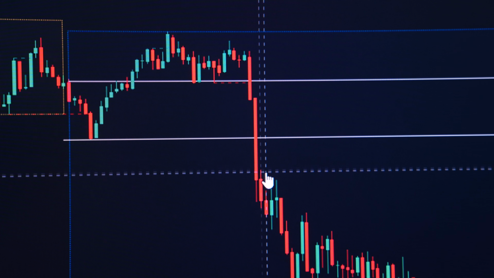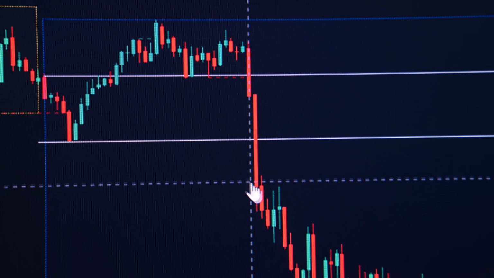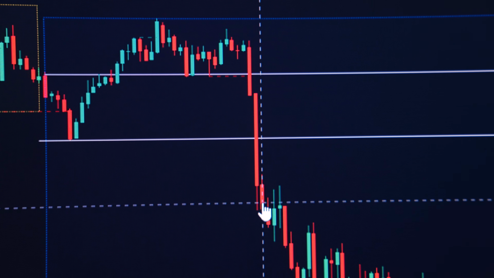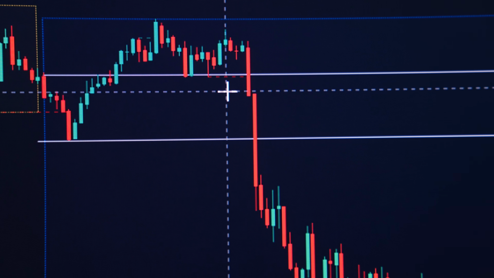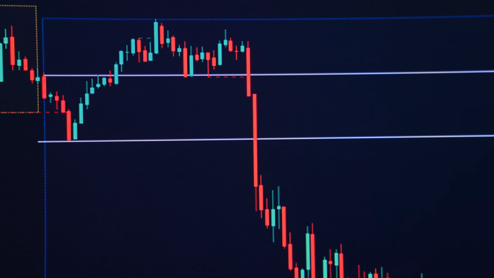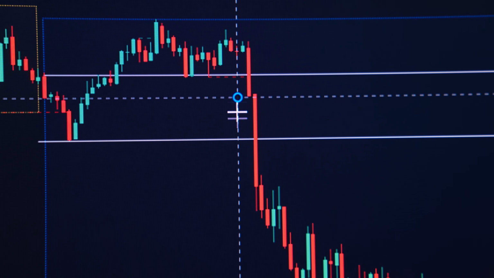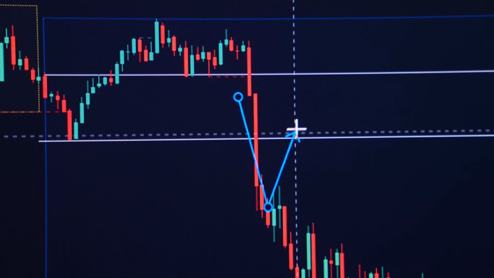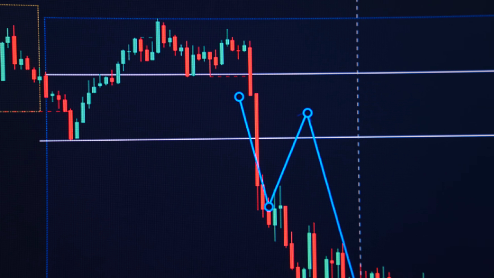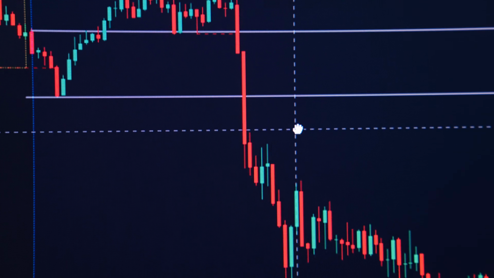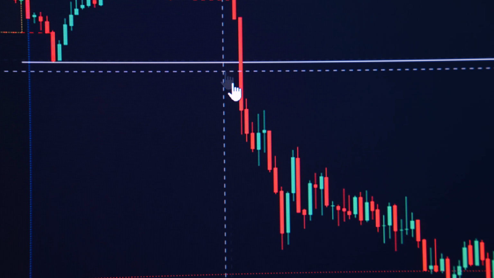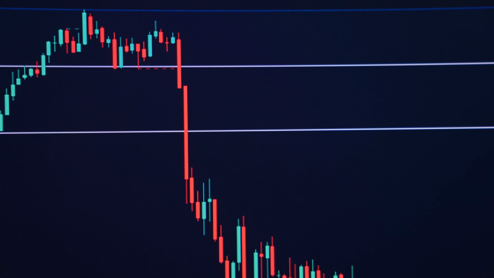Sometimes I don't like to get in down here because the majority of the time price likes to come down and pull back. So if you want to be a little risky, you could have taken the trade here, but let's say that we did take the trade here.